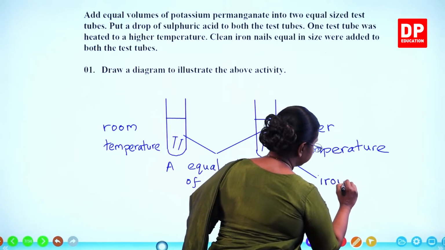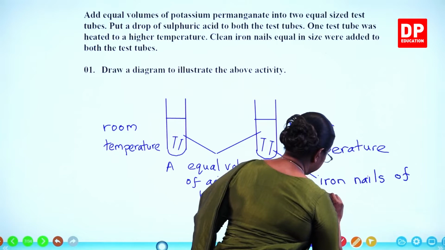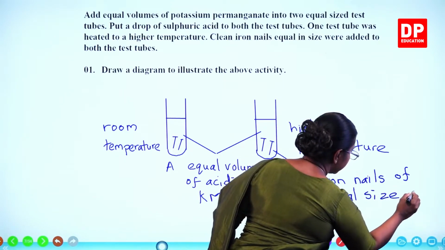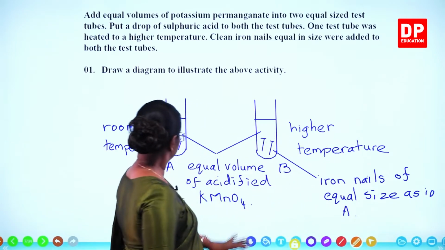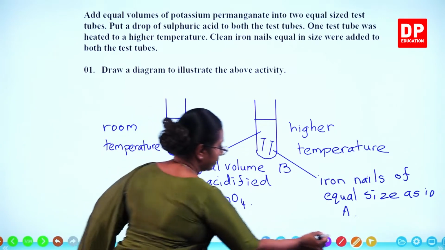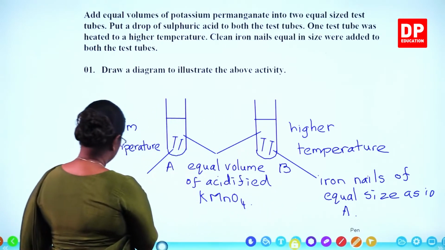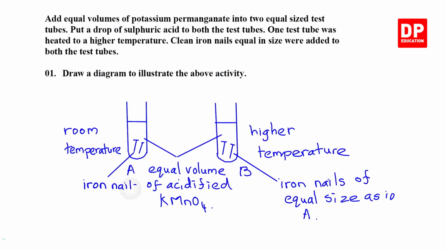Iron nails of equal size as in A. So that means the sizes are equal. So here also I can say iron nails. Nails of equal size.